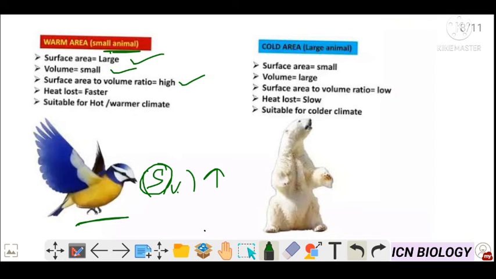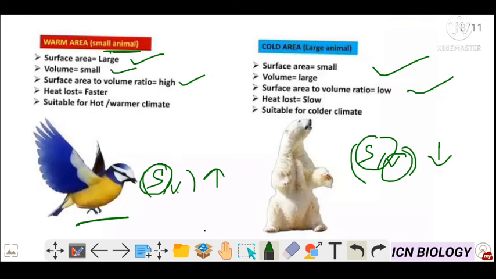In the colder area or polar region, larger organisms are present, so their surface by volume ratio is smaller, surface area is also small, but volume is larger. Here heat is lost faster in the warmer region, a heat radiating system. In the colder region, heat is lost slower. It is a heat generating system.